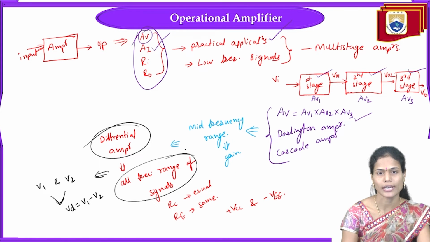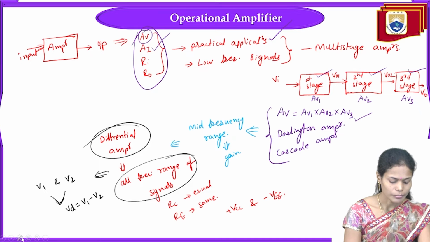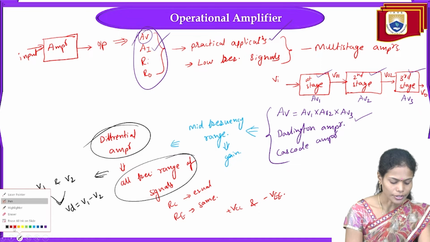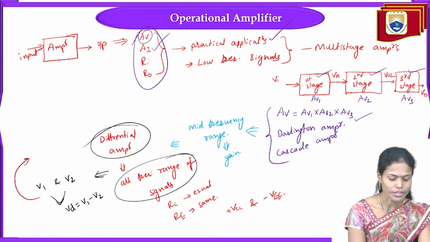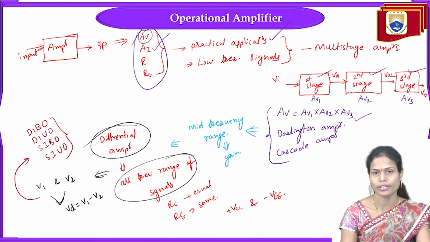That is the basic advantage of the differential amplifier, and it is available in different configurations, that is dual input balanced output, dual input unbalanced output, single input balanced output, and single input unbalanced output differential amplifiers.